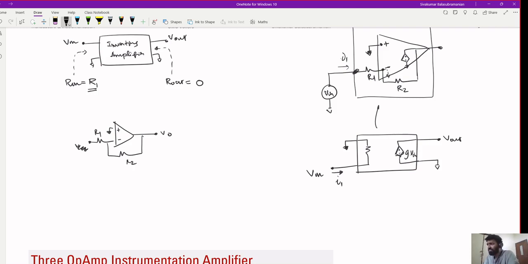If you had an amplifier with an input impedance that was not infinite, then whenever you connect a real voltage source on this side, a real voltage source is some ideal voltage source in series with some resistance Rs. This is your Vin. If you now connect this to this, tell me what will be the output.